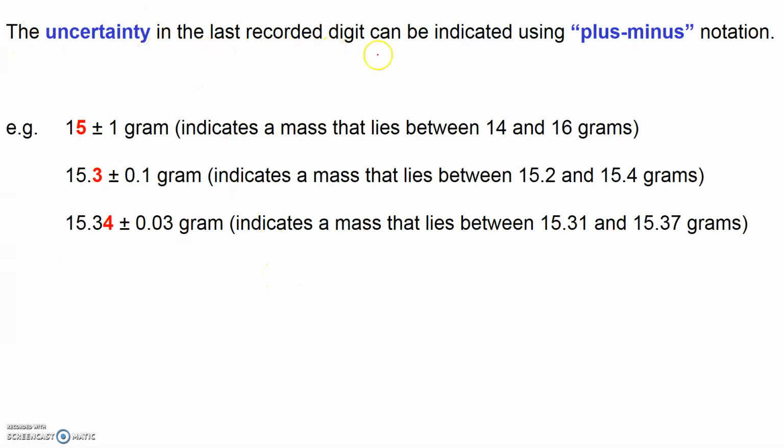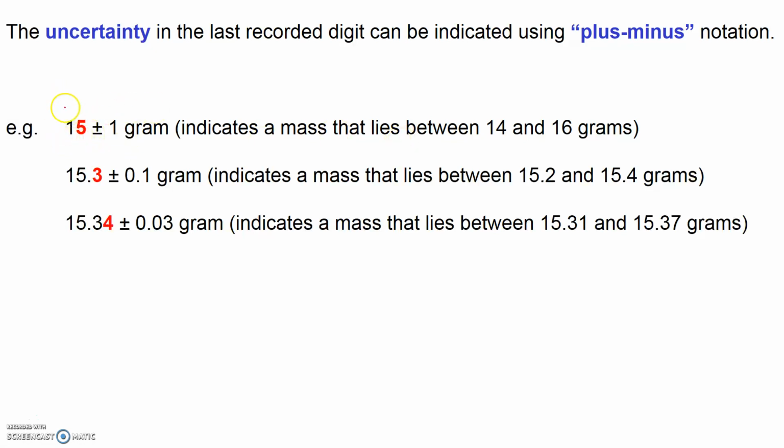For the uncertainty in the last recorded digit, you can indicate this uncertainty using plus or minus notation. So here's a number, 15 plus or minus 1. The last digit is a guess, it's uncertain, and this is the uncertainty in it. What does this mean?